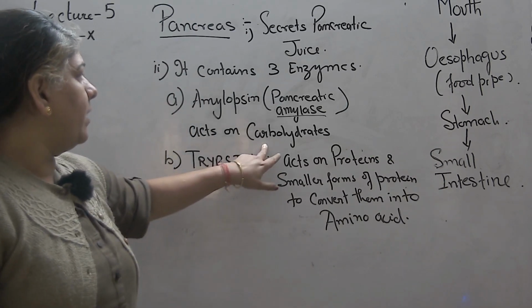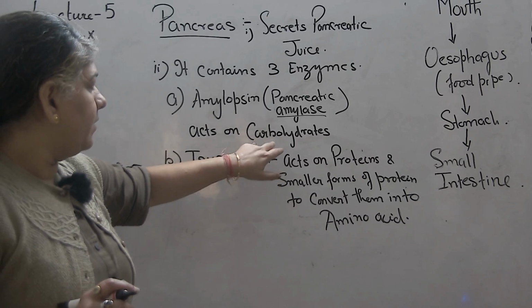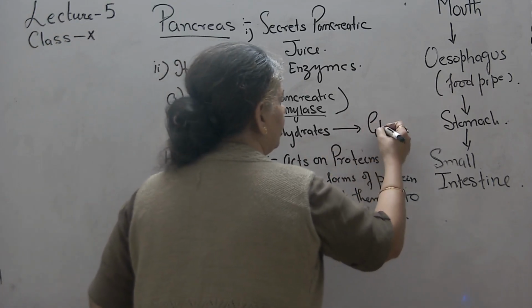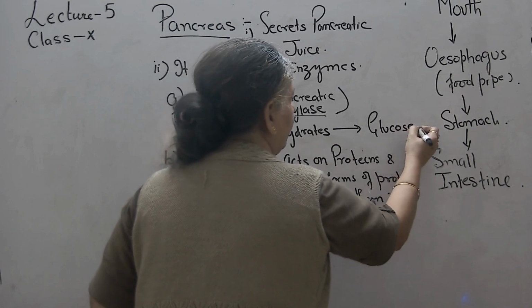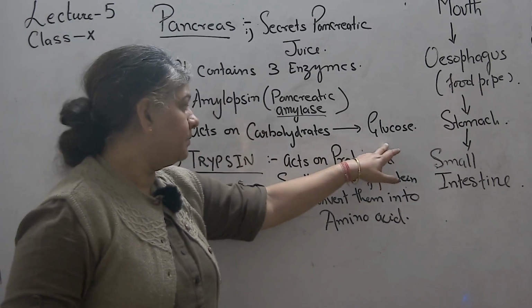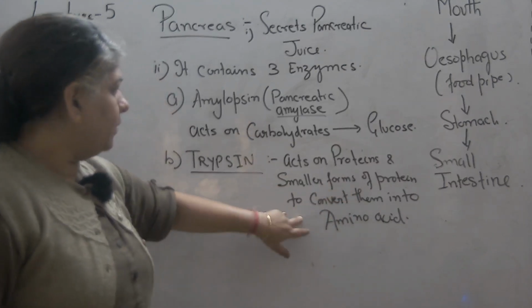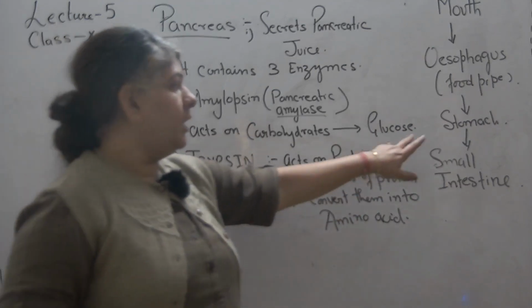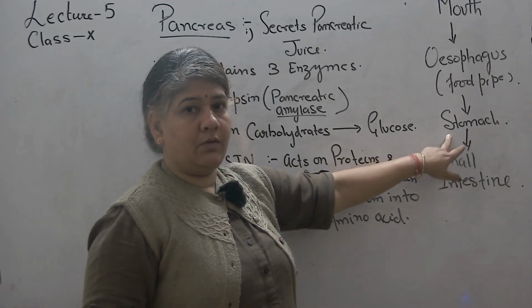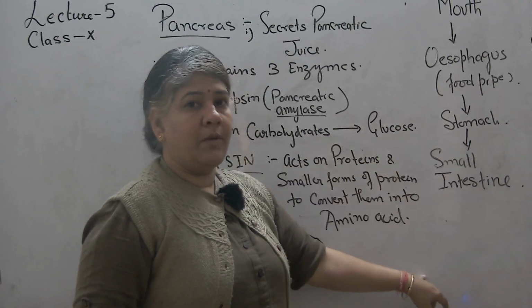Once carbohydrate is acted upon and converted into glucose, digestion of carbohydrate is complete. So we saw that digestion of protein began in the stomach, but all of the protein was not converted into amino acid.